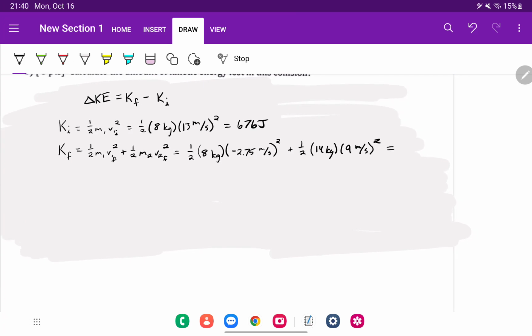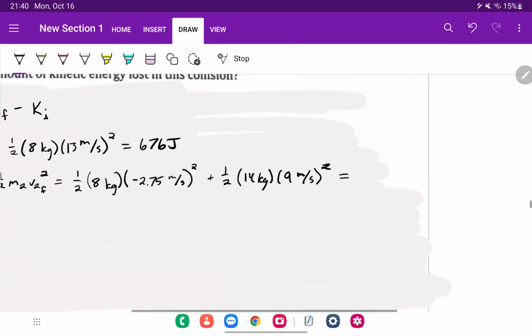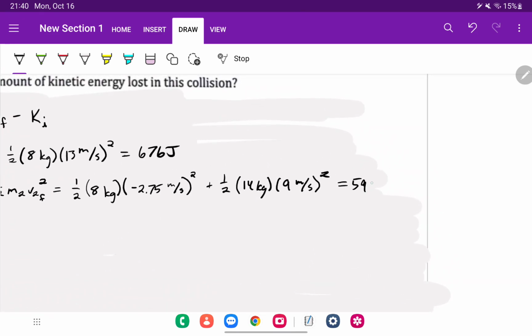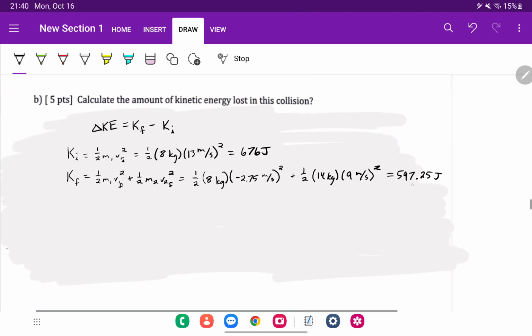When we finish, it's going to be 0.5 times 8 times 2.75 squared plus 0.5 times 14 times 9 squared, and I get 597.25 joules. So we ended with a kinetic energy less than what we started with, which is what we should assume would happen because we were losing energy in an inelastic collision.